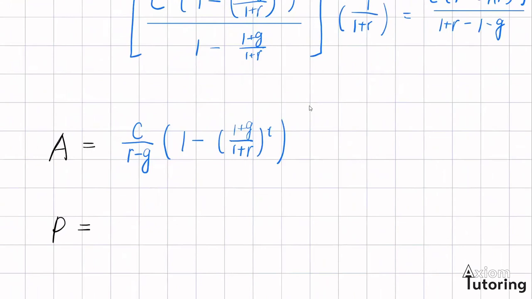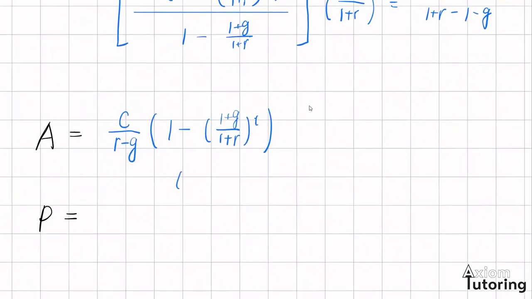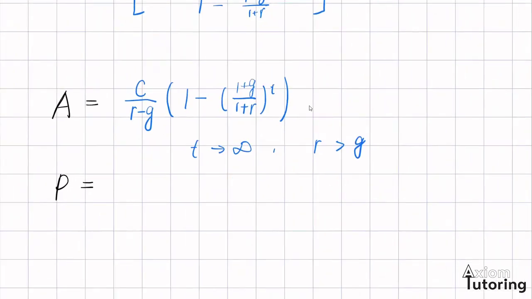Okay, so what about perpetuity here? If T is sufficiently large or infinitely large, and with another assumption that r is greater than g, then we'll always have this number here to be less than 1. So if T is sufficiently large, then this term goes to 0. So we're simply left with C over r minus g here.